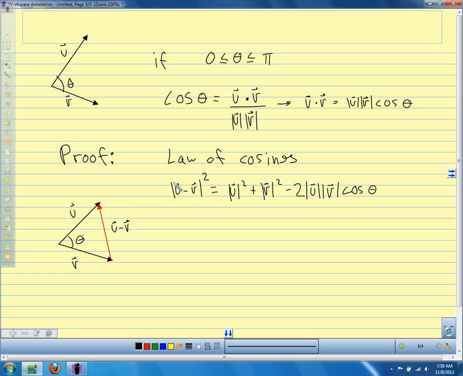Now, one of our properties of the dot product was that the magnitude of u minus v squared is u minus v dot u minus v.